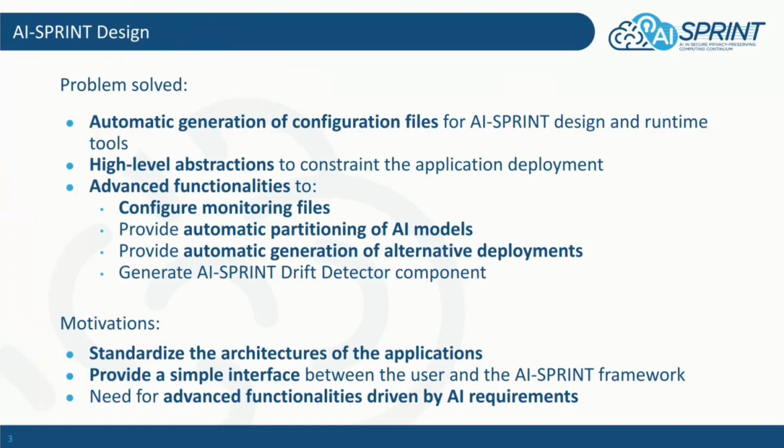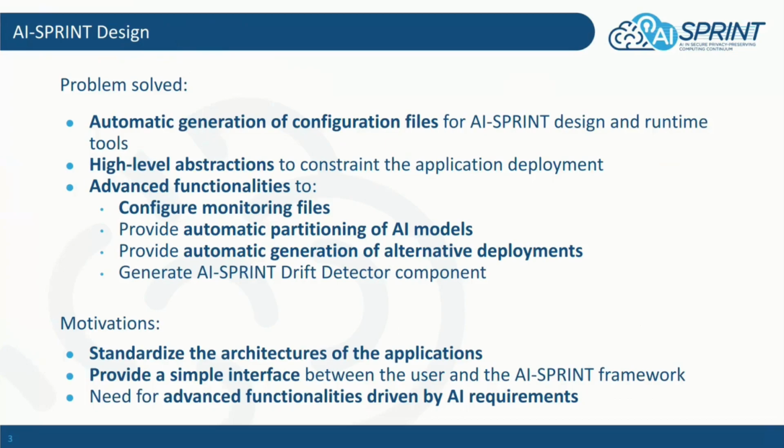It consists of high-level abstractions to provide quality-of-service constraints to drive the application deployment, and furthermore, it provides advanced functionalities to configure monitoring files to be used by the 𝗖𝗄𝗃 monitoring subsystem, to provide automatic partitioning of neural networks-based models, and to provide the automatic generation of alternative deployments with degraded performance. Finally, it generates the 𝗖𝗄𝗃 drift detector component at design time to detect data drift at runtime.